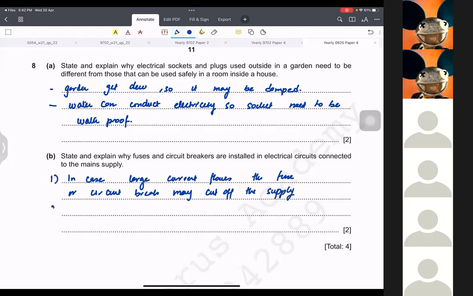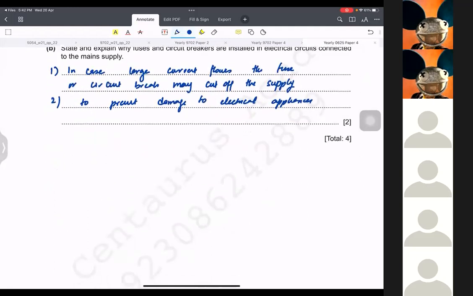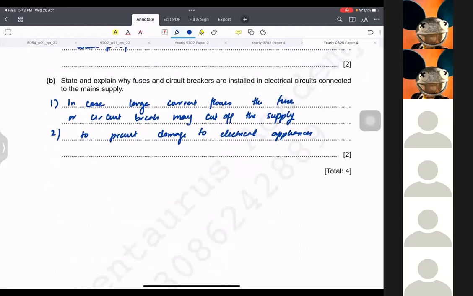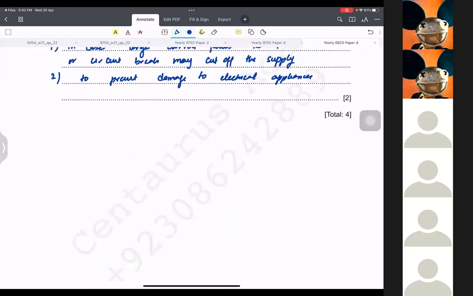And this is one mark. The second mark is to prevent damage to electrical appliances. You can also write to prevent fire or electric shock or anything like that. Large current causes heat, by the way, if you don't know.